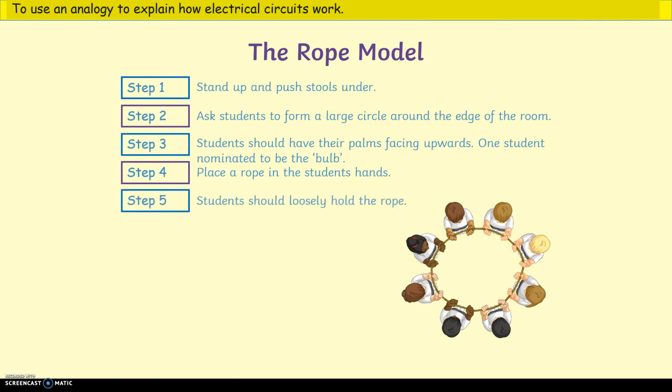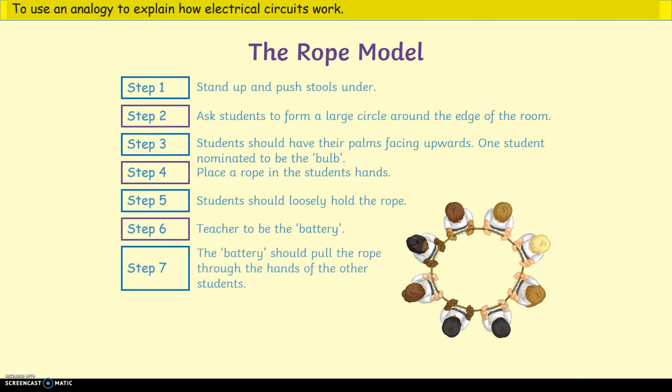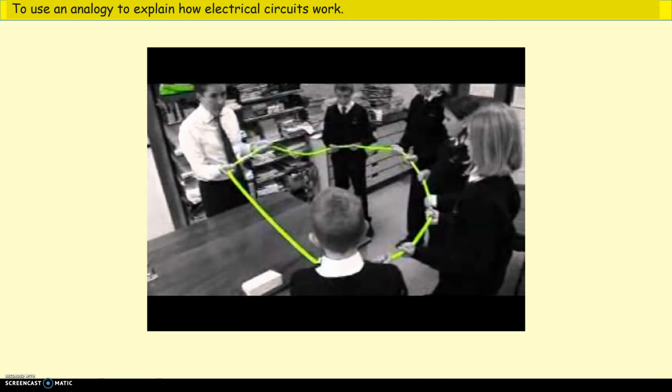So I would have said to you, please hold the rope loosely, and I would pretend to be the battery. So I'd join the circle and pretend to be the battery. As the battery, I should pull the rope through the hands of the other students. That's my job. So it would look something like that.